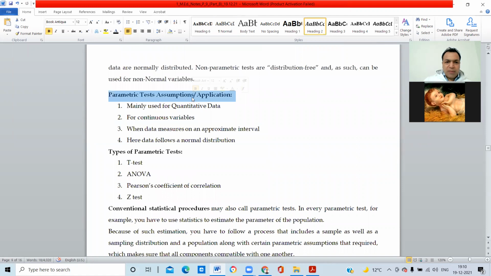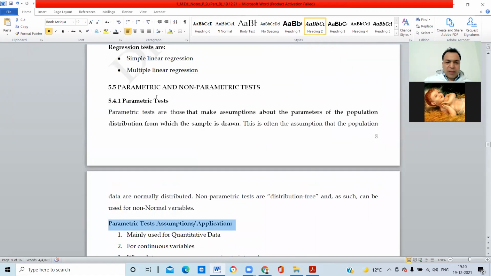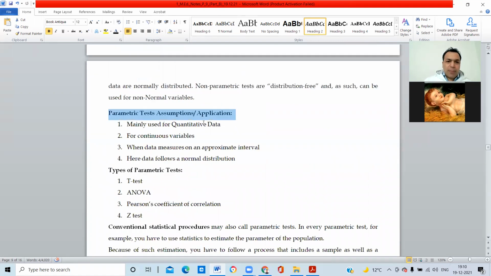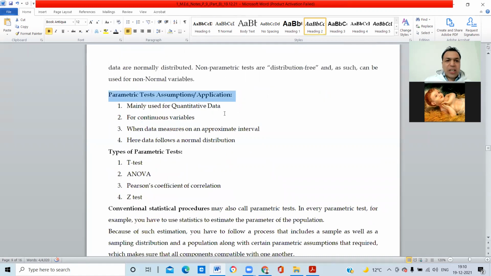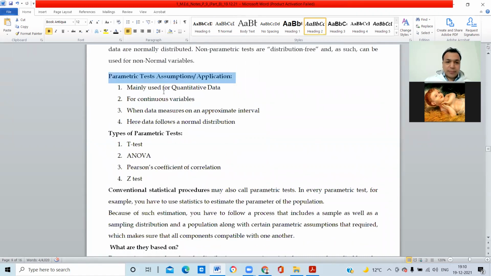Here we discuss, first, what the parametric tests are. Parametric tests are those tests which make assumptions about the parameters of the population distribution from which the sample is drawn. Right? What are the assumptions and applications of parametric tests? Guys, focus on this.